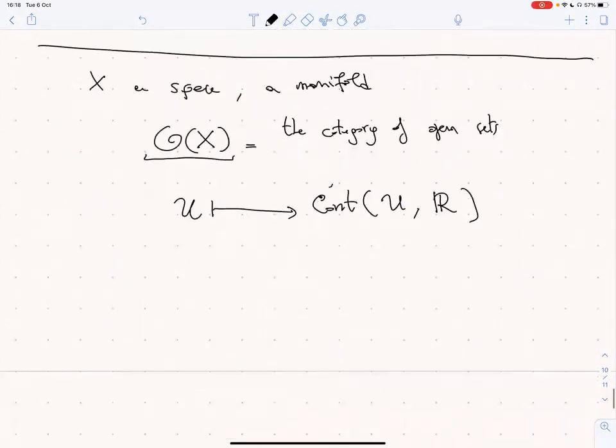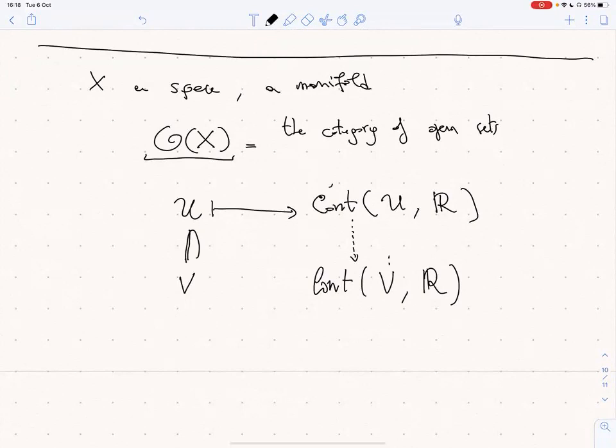But now, if you think about it, given a function like an inclusion from U into V, which is another one, when we look at continuous functions from V to R, we don't have a natural map defined in this way. Instead, we have a natural map defined in this way, which is the restriction.